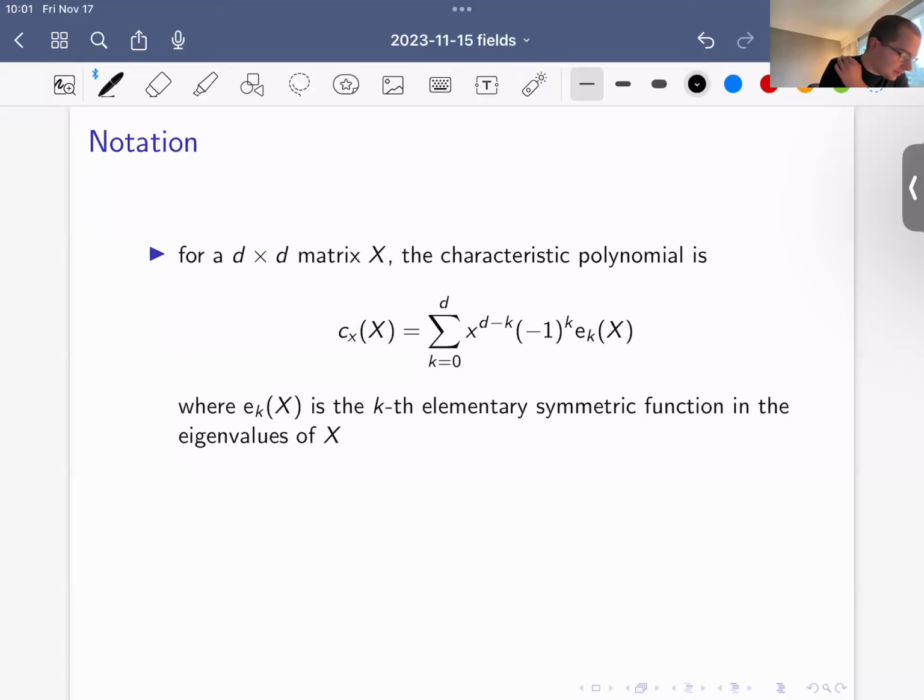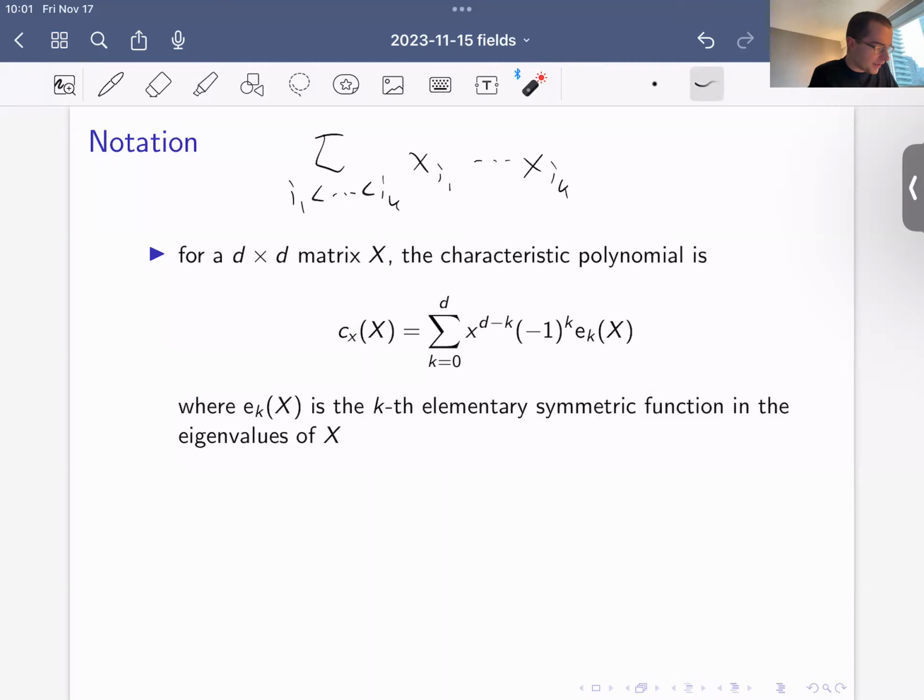So this e_k of x basically means the elementary symmetric polynomial in the variables x. And so these are the coefficients of the characteristic polynomial.